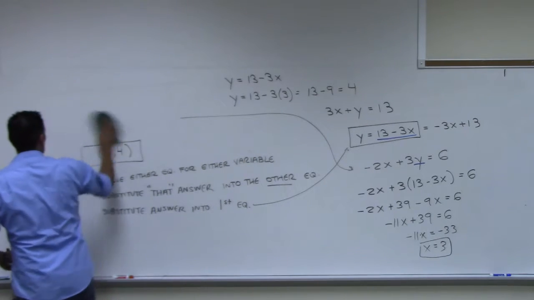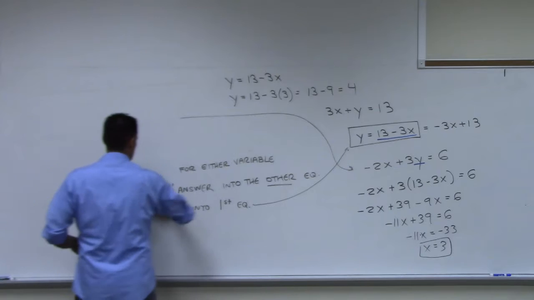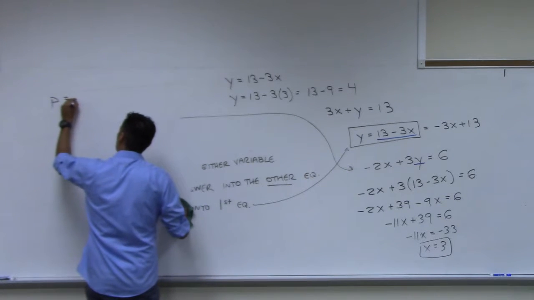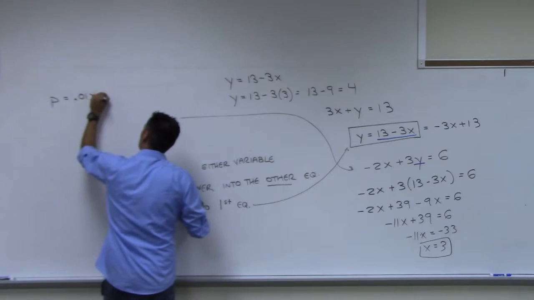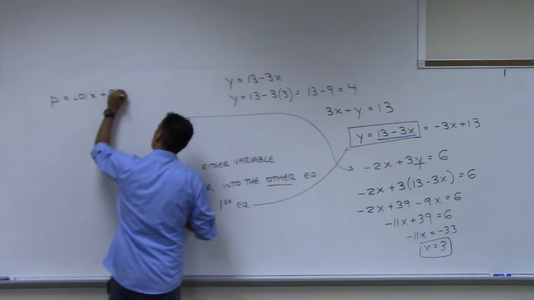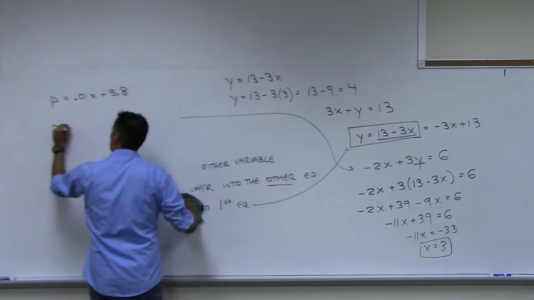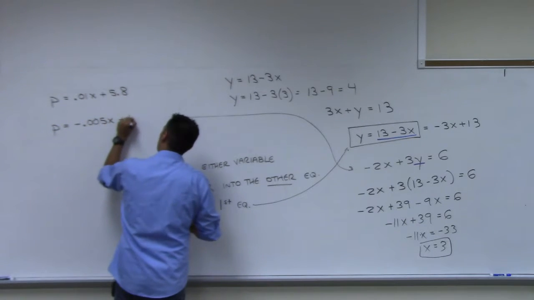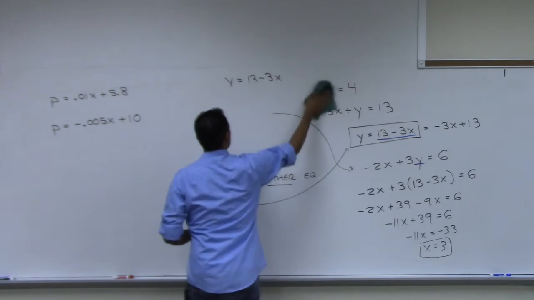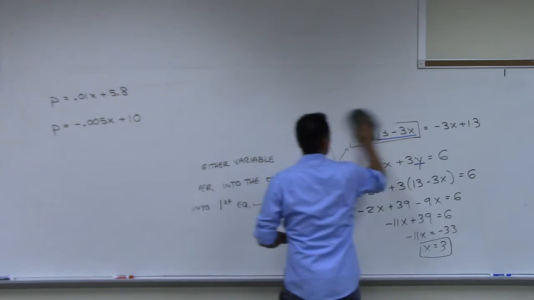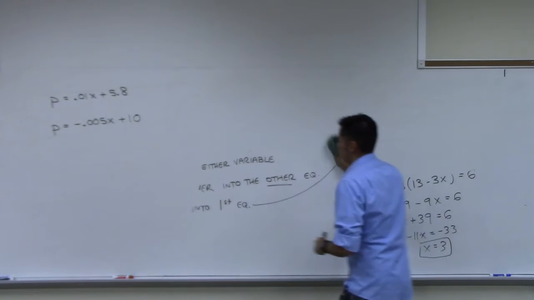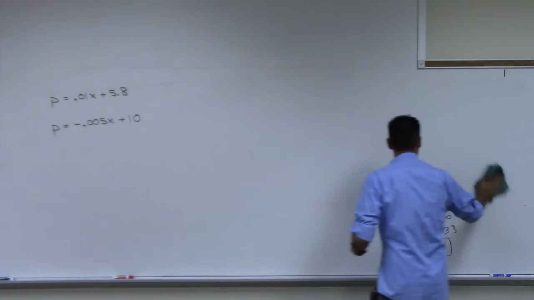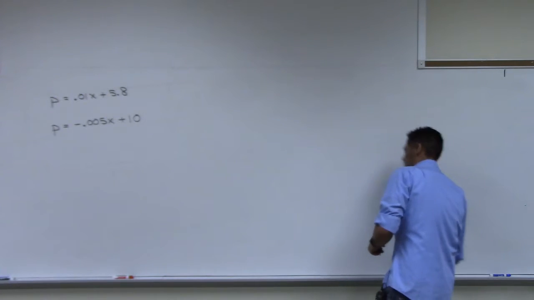All right, so what were our supply and demand equations? We had P equals, let me see if I can remember this, 0.01x plus 5.8. And then it was P equals negative 0.005x plus 10. Remember those? We're about to solve this system of equations.